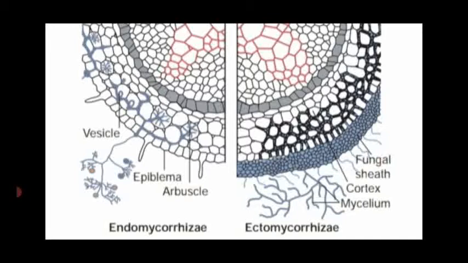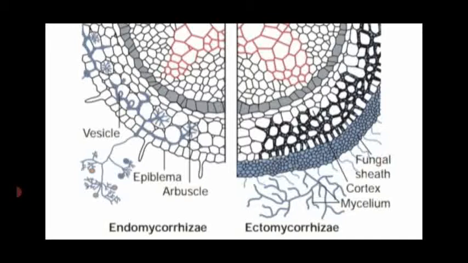Endomycorrhizae means the fungus producing hyphal partners on the inner side of the cortex region in different shapes. One is in the form of a vesicle, oval-shaped, or it may be a tubular structure. That is said to be vesicle and arbuscle.